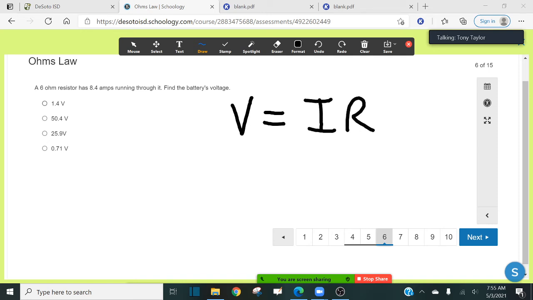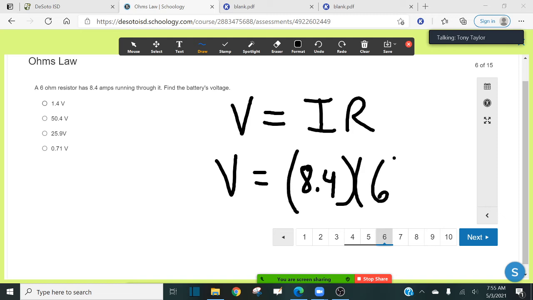Okay. So if we know the current is 8.4 amps, we know the resistance is 6 ohms, so we just do the math there. So 8.4 times 6.